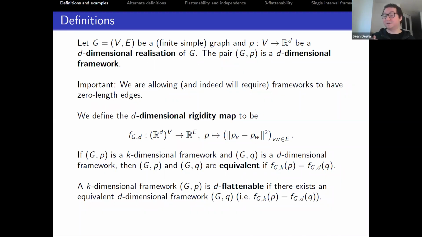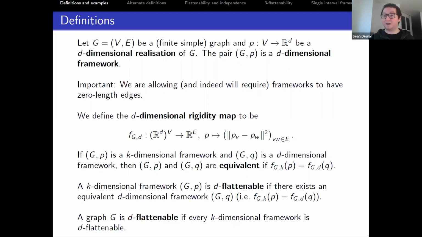The problems are obviously when k is bigger than d. We can also take k to be equal to the size of the vertex set minus 1, because that's as big as the framework can possibly get. It can't span more than that many dimensions, so we have a bound on what k can be.